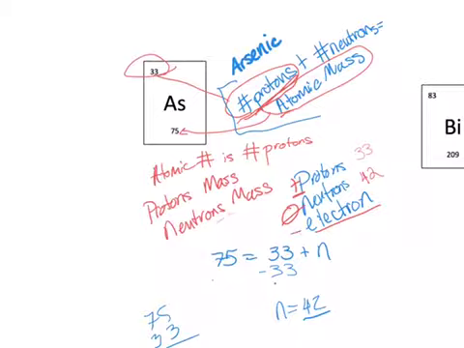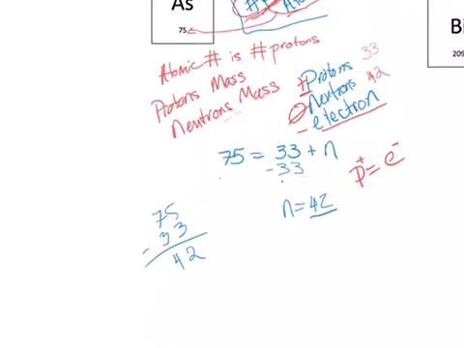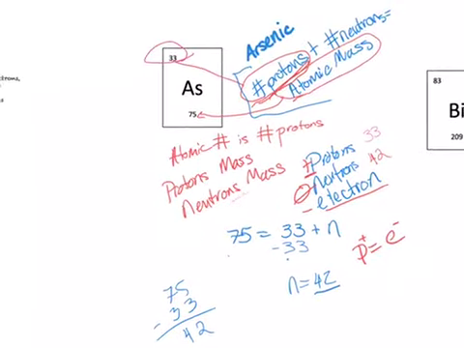Working with these, none of these are ions. Ions are atoms that have charges, so it's either positively charged or negatively charged. For all of these, our protons are going to equal our electrons because there's no charge. If something had a charge, it would be written like this. Say this is arsenic.